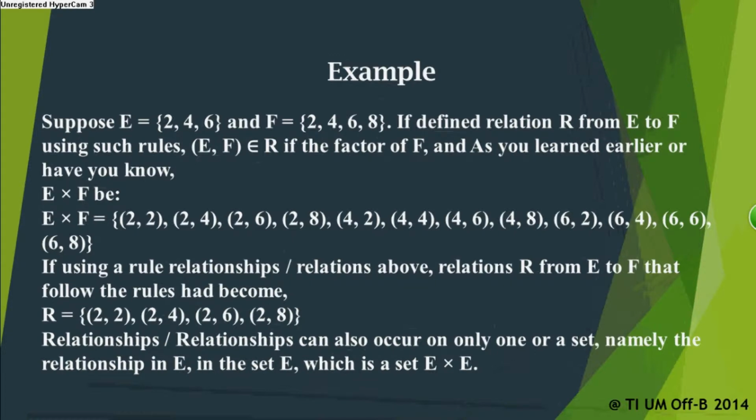For example, suppose E equals {2, 4, 6} and F equals {2, 4, 6, 8}. If we define relation R from E to F using the rule that E is a factor of F, and as you know, E cross F equals (2,2), (2,4), (2,6), (2,8), (4,2), (4,4), (4,6), (4,8), (6,2), (6,4), (6,6), (6,8).